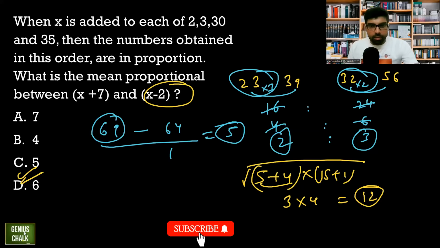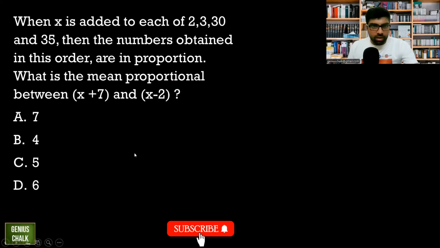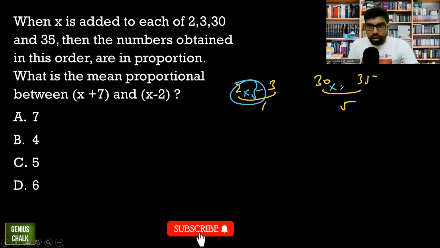Right? Next one, X is added to these so that we have to find the mean proportional of these. So 2, 3, 30 and 35. 1 difference, 5 difference. So multiply this by 5. 10 and 30. Difference.